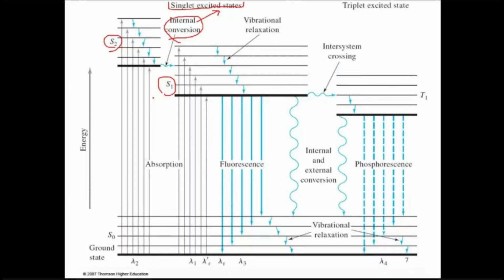When we say the energy levels are overlapping, we are saying that their energies are approximately equal. They will not be exactly equal, which would be very difficult, but they may be very similar in energy. Only when such a thing happens is this internal conversion possible.